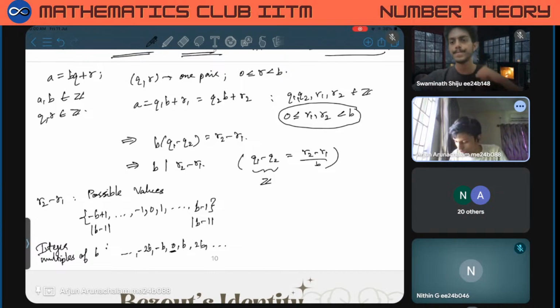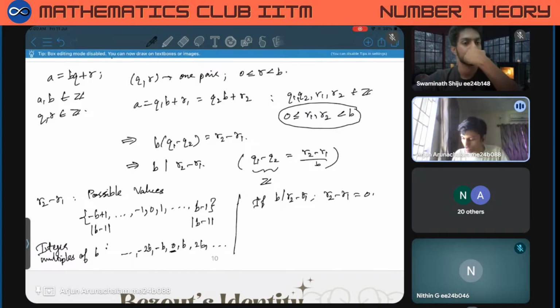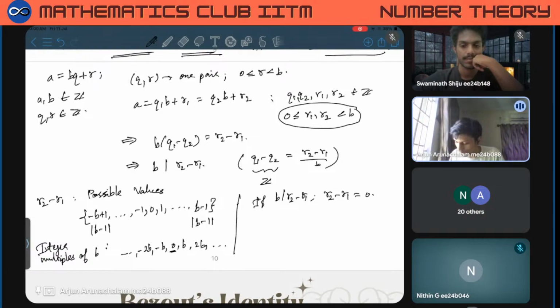So if b divides r2 minus r1, then r2 minus r1 has to be 0, right? So you get from here that b times (q1 minus q2) is equal to 0, right? And you have assumed that b is greater than 0, so this implies q1 minus q2 is equal to 0.